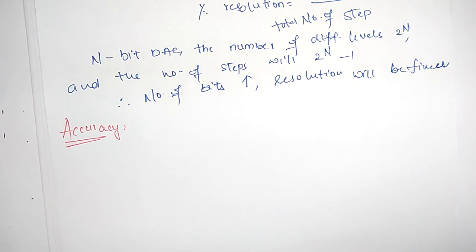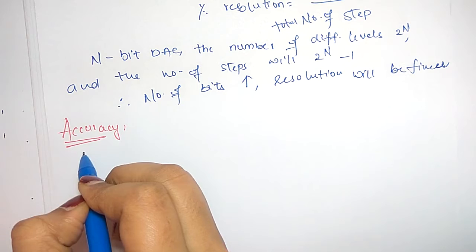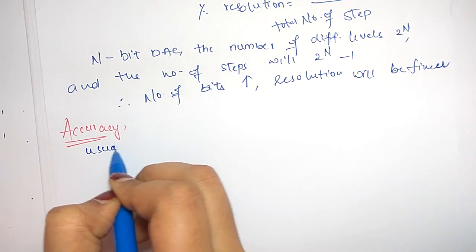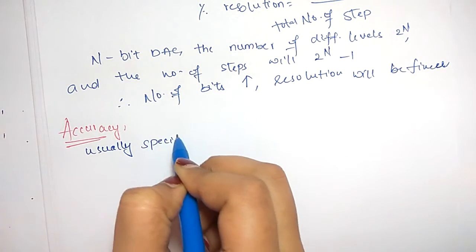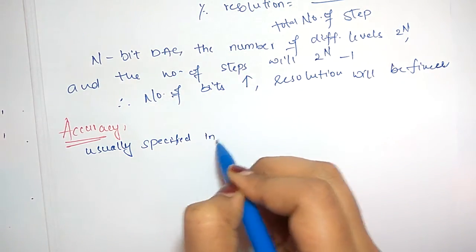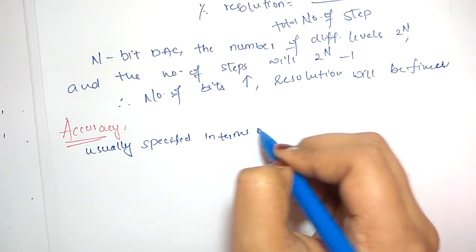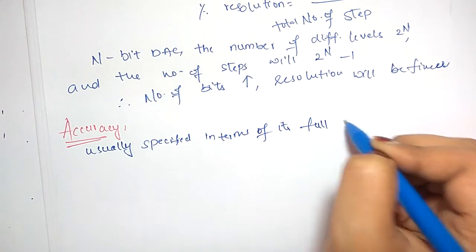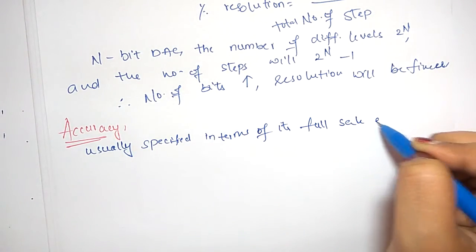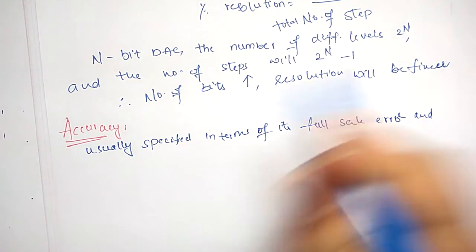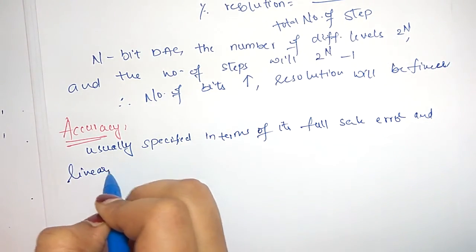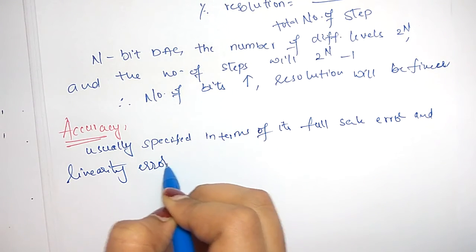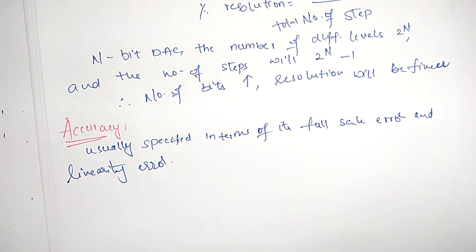Accuracy is usually specified in terms of its full scale error and linearity error, which are normally expressed as a percentage of the converter's full scale output.